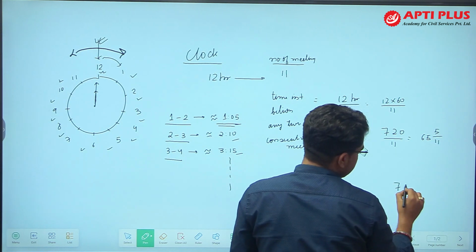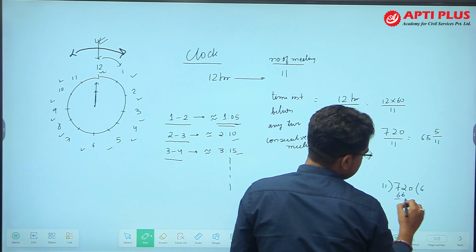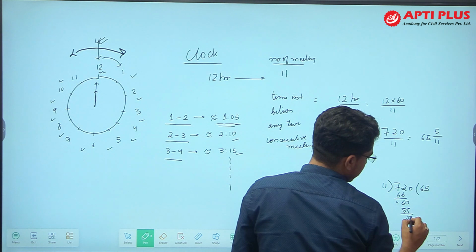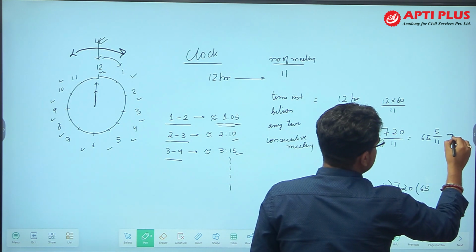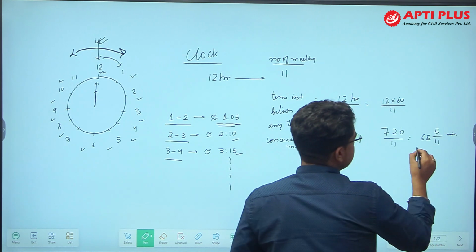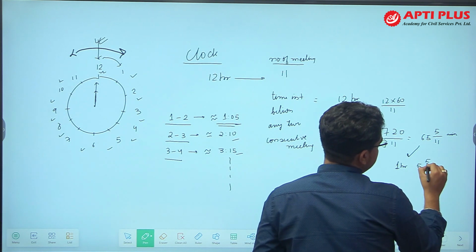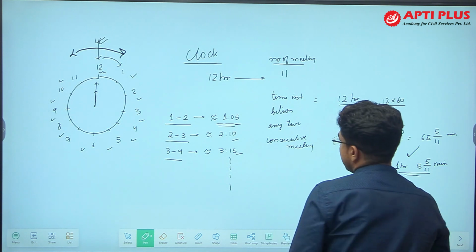So, this is simple division. So, it is 65 5/11 minutes, I can say. Now, we all agree that 65 5/11 minutes can be rewritten as 1 hour 5 5/11 minutes. Agreed? 1 hour 5 5/11 minutes.